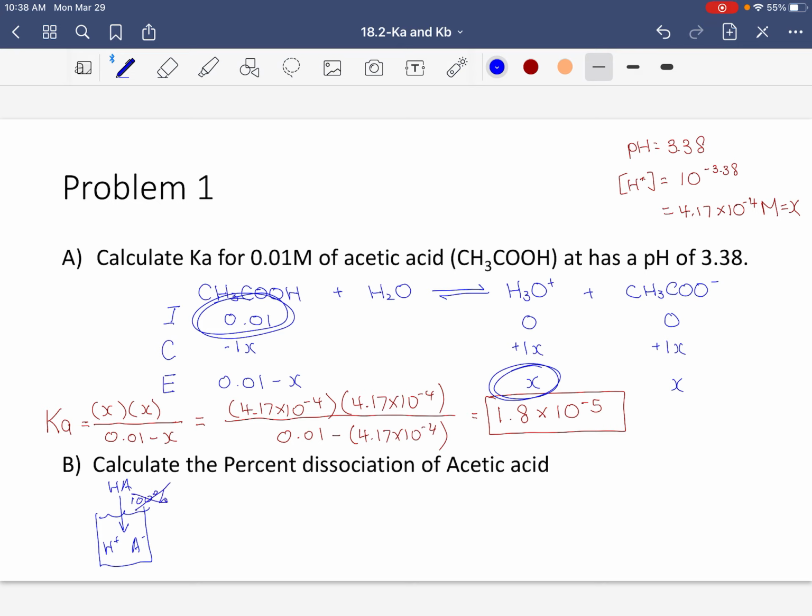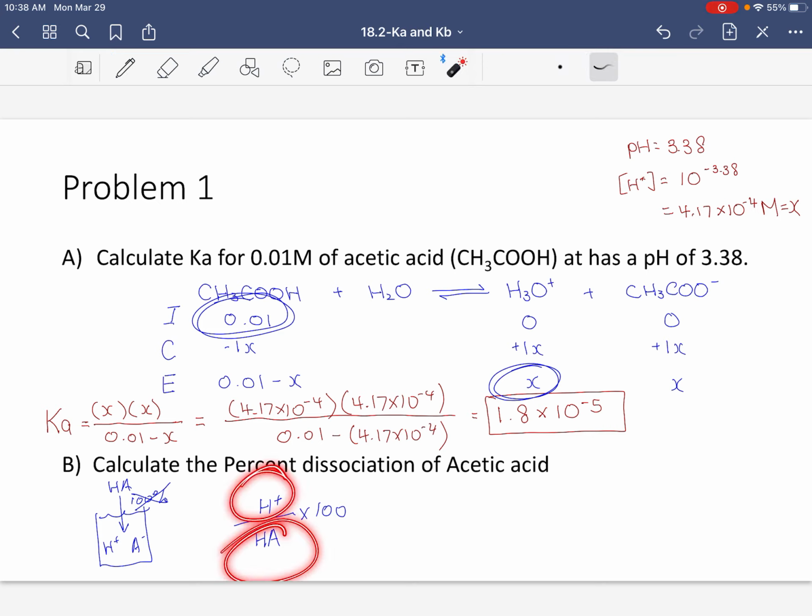What is the percent? How much of this are you going to make for every one of these? This is nothing more than a simple division, isn't it? How much of these are you getting per how many of these? Oh, times 100, of course. And that's simple because we know what this value is.